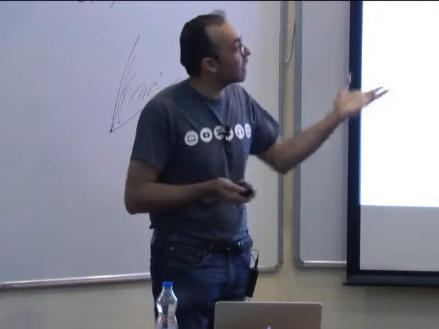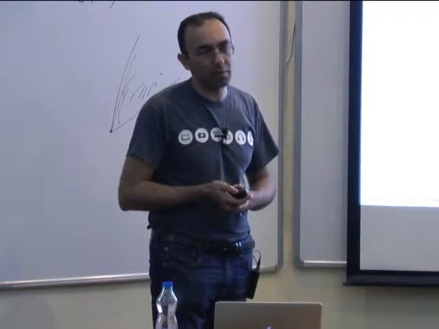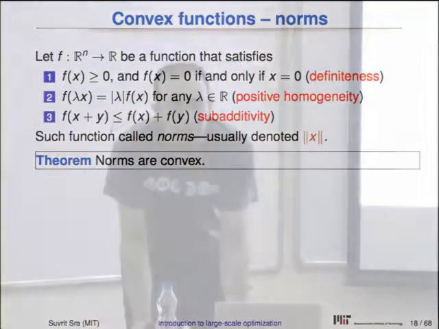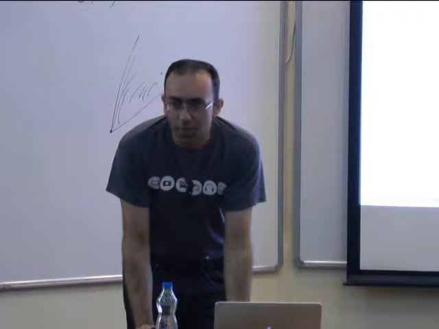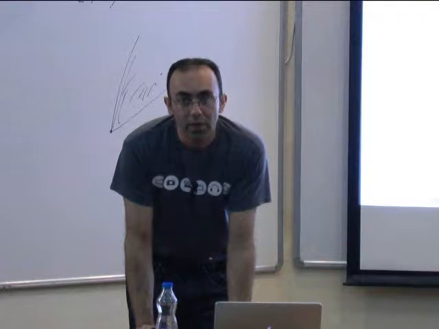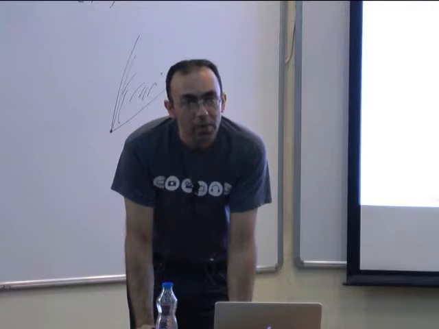This is a very basic object that pops up in convex optimization. I should have shown this earlier, but a class of convex functions that you will encounter again and again, and have probably already encountered several times, is this distinguished class of convex functions called norms.